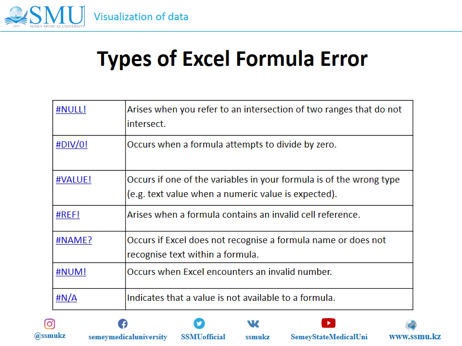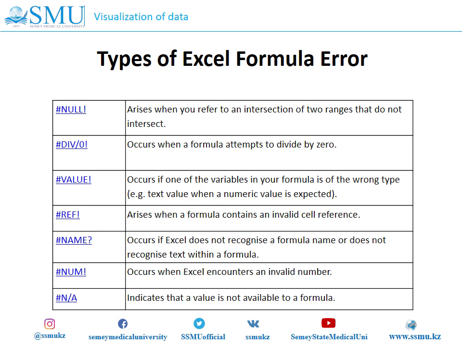Div 0 occurs when a formula attempts to divide by 0. Value occurs if one of the variables in your formula is of the wrong type. Ref arises when your formula contains an invalid cell reference. Name occurs if Excel does not recognize a formula name or does not recognize text within a formula.